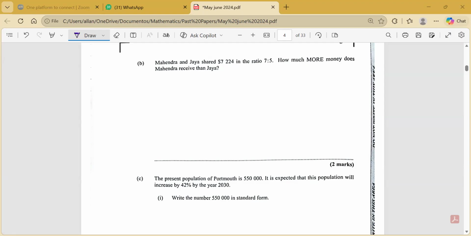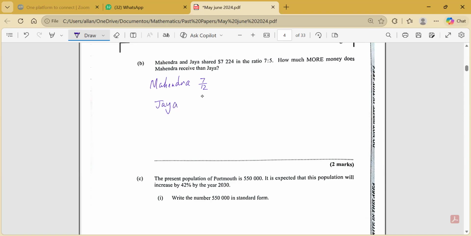So you're adding up 7 and 5, which is 12. Mahindra is the first one, so that'll be 7 on 12. And the other one is Jaya, which is 5 on 12 of the amount. So I'm giving you all a hint.